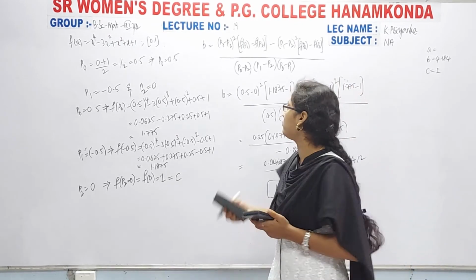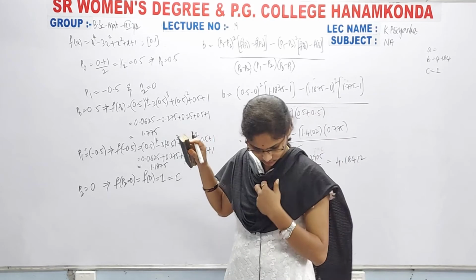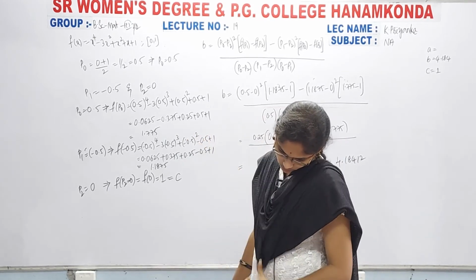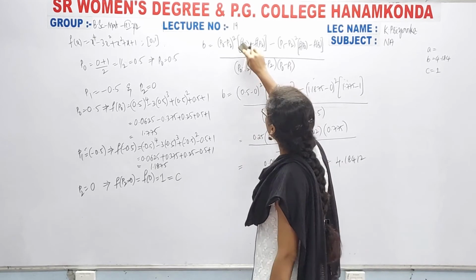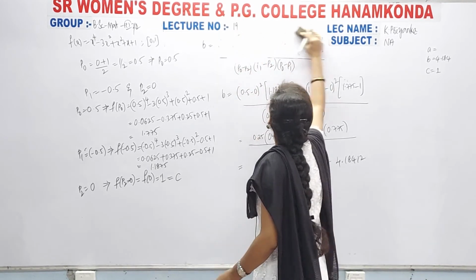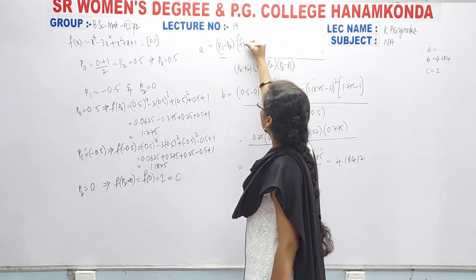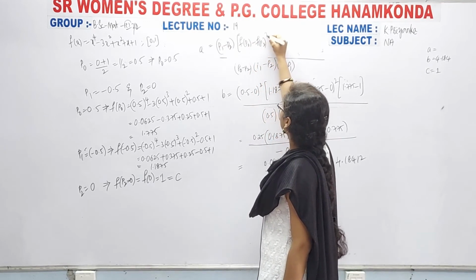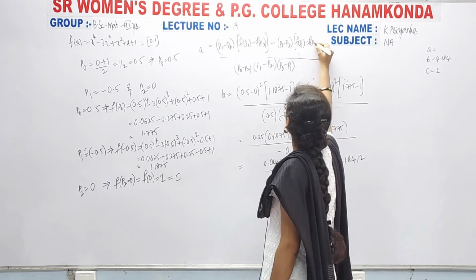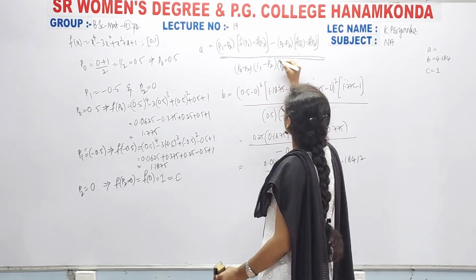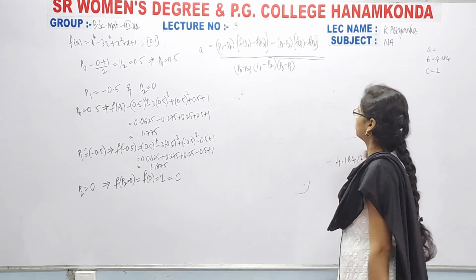So now what is the A value? The A formula is nothing but P1 minus P2 into f of P0 minus f of P2, minus P0 minus P2 of f of P1 minus f of P2. The denominator will be the same.